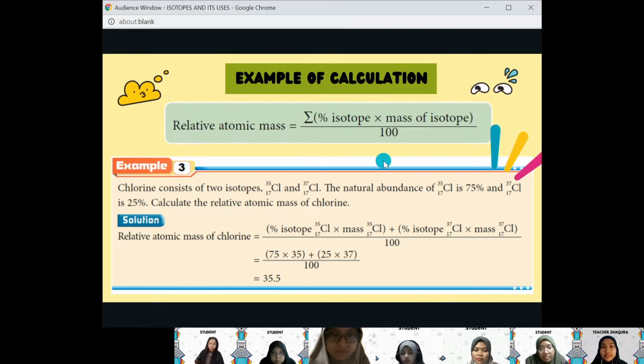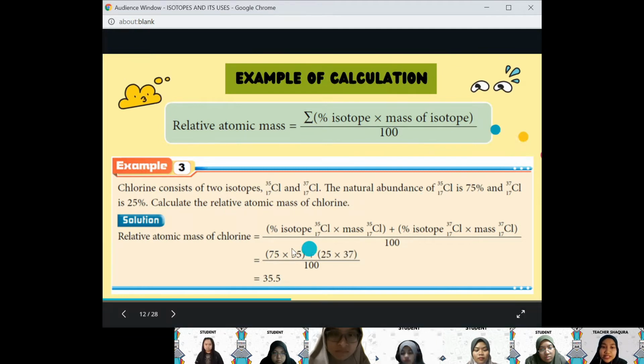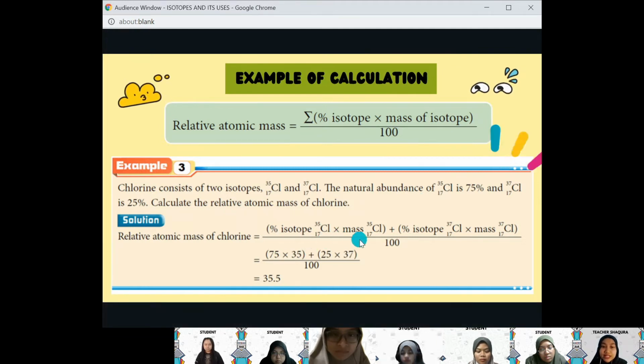We know that the formula of relative atomic mass is the sum of percentage isotope times mass of isotope divided by 100. To solve this, we have to find the percentage isotope of chlorine-35 times mass of chlorine-35 plus the percentage isotope of chlorine-37 times mass of chlorine-37, divided by 100.